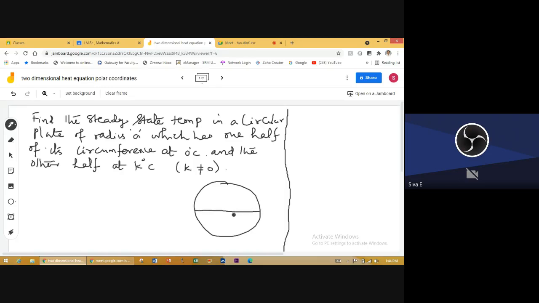This is the diameter, bounding diameter. Center point is O. Okay. So one half is maintained at 0 degree C. One half is maintained at A degree C. And then any point P is r comma theta. Any point on the circular plate is P of r comma theta.